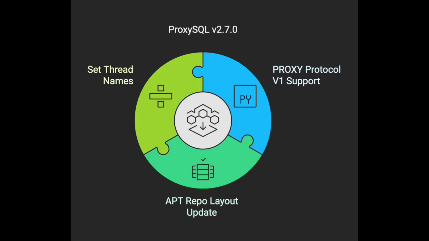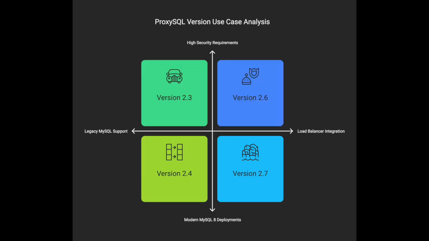That brings us to 2.6.x. What's new in that release? Well, security came back into focus in 2.6.x. They added something called caching SQL password, which means ProxySQL can now use the stronger SHA-256 password hashing. Much better for security. And they finally added a brand new web interface.